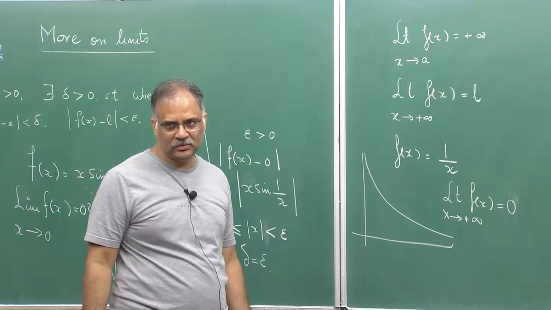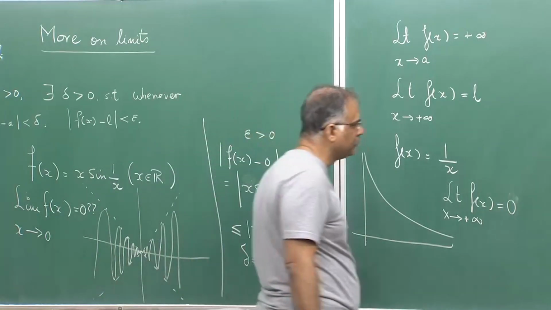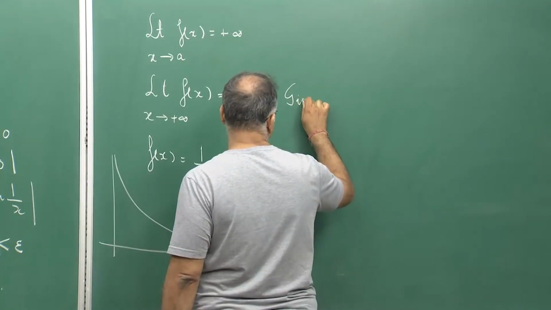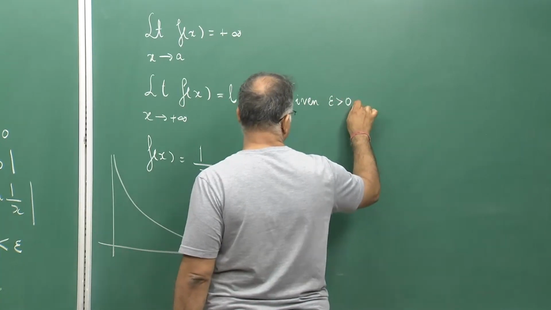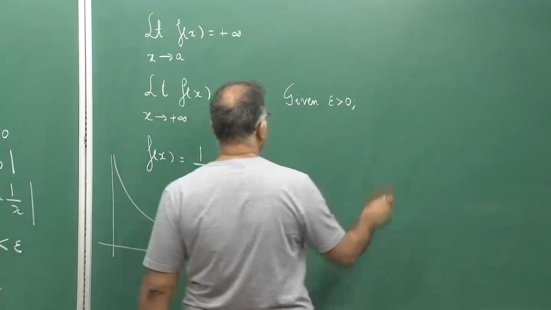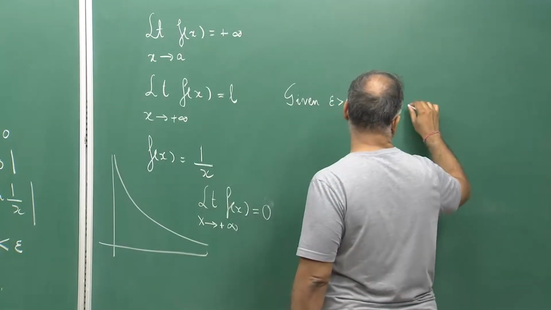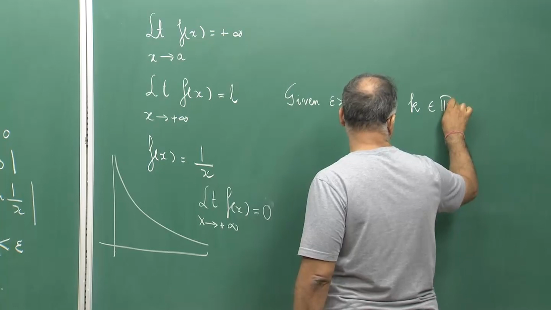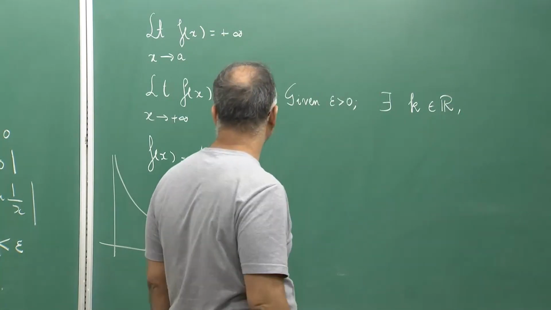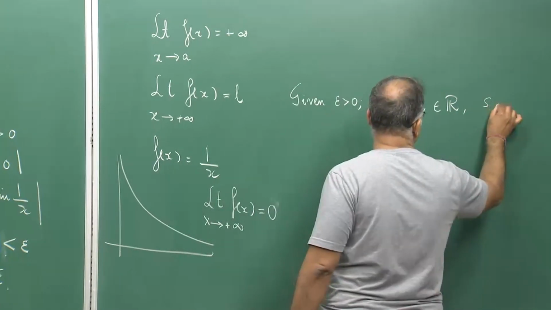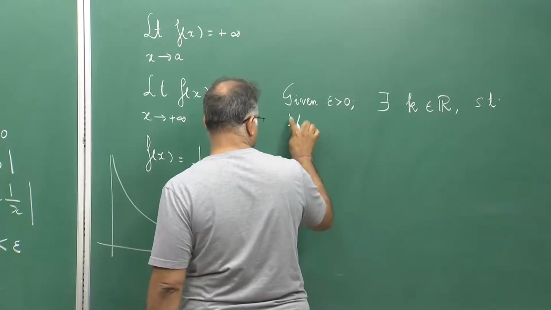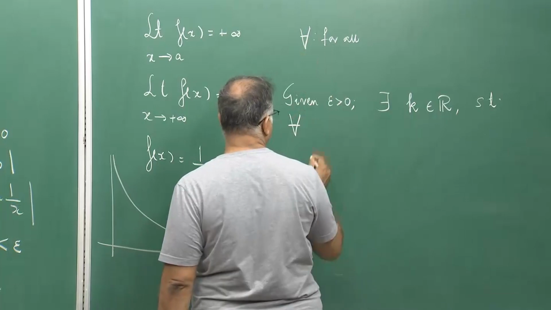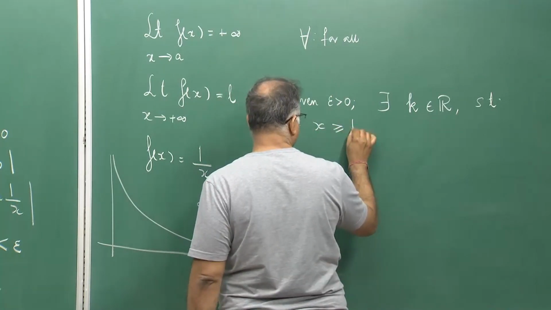What is the meaning of this? It says, given epsilon greater than 0, no matter how small, there exists a real number k, element of R, such that for all x, this is the symbol of for all, a standard mathematical symbol, means for all x which is bigger than or equal to k.